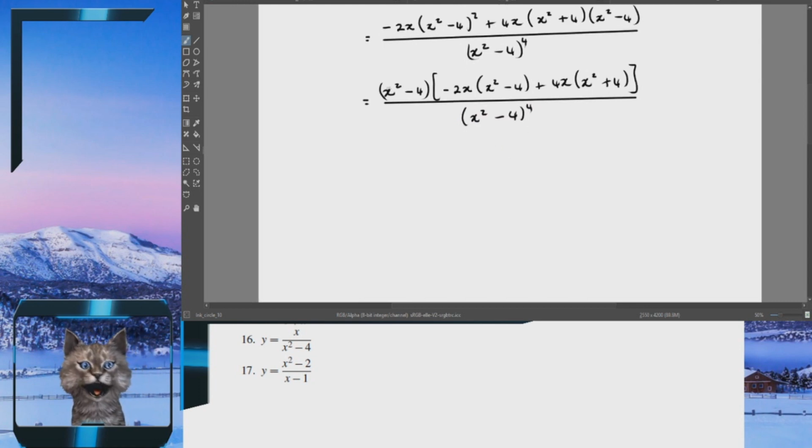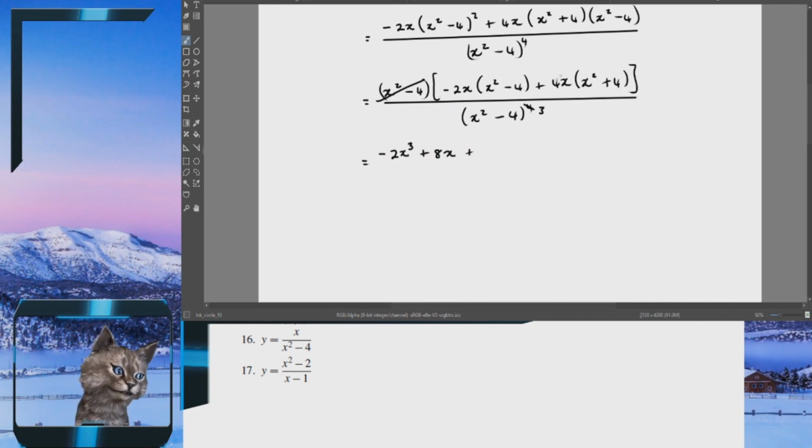Now I can cancel one of them with one of those, leaving 3. And simplify the top, multiplying the negative 2x in for negative 2x cubed, and plus 8x, this one in, negative 2x cubed, this one in, positive 8x.